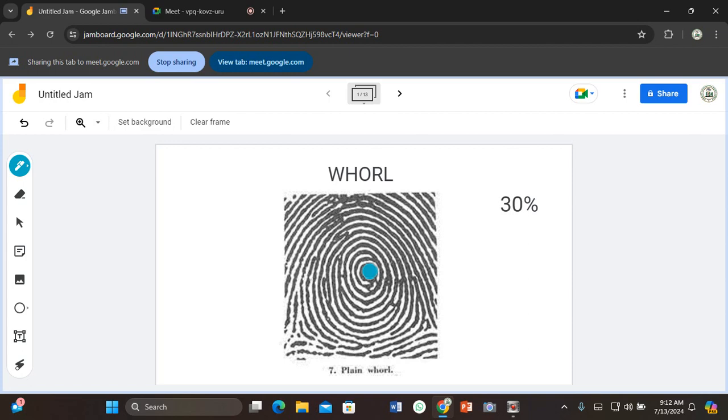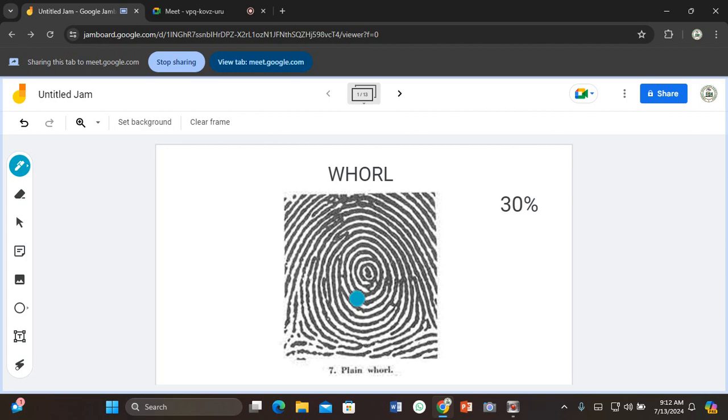The circuits may be any variant of a circle, like a spiral, like an oval, like a circle. But there must be at least one complete recurve between the two deltas before you can call it a plain whorl.